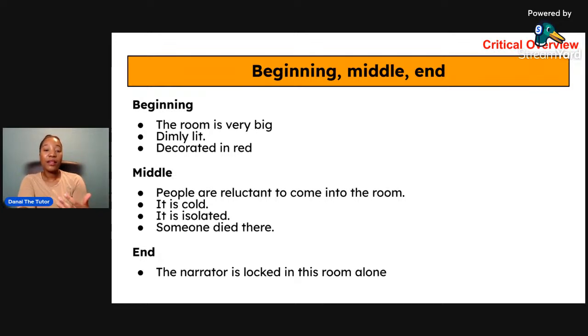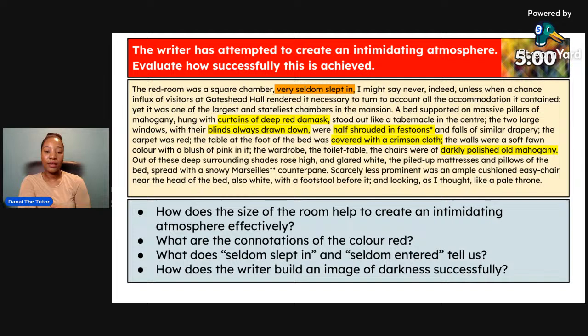At the beginning, the room is very big and dimly lit, so it's quite dark because of those half shrouded blinds, and all decorated in red, that could come across as quite intimidating. Then in the middle of the extract, the fact that someone died in that room makes it even more intimidating and adds a layer of intimidation. And then finally, the fact that she is alone, locked in that room, also adds to the idea of the room being quite intimidating.